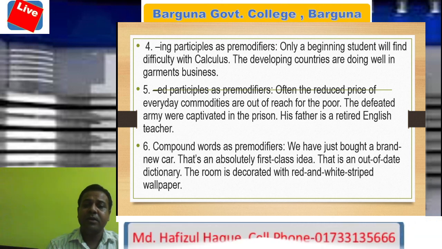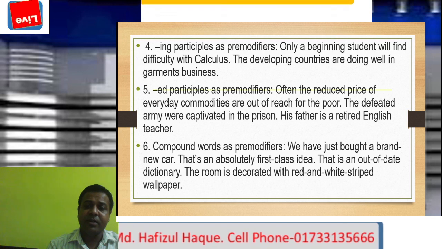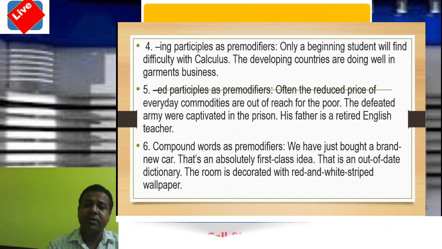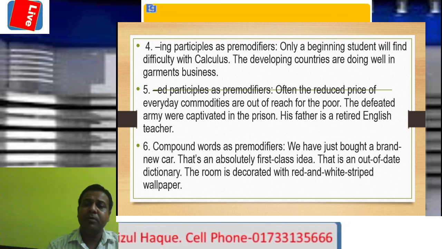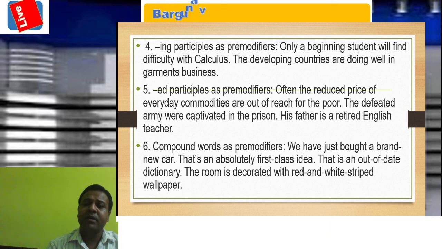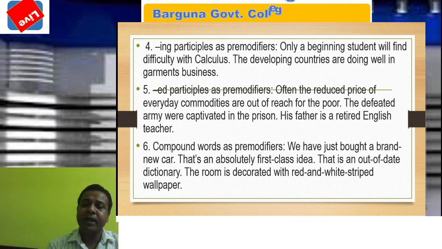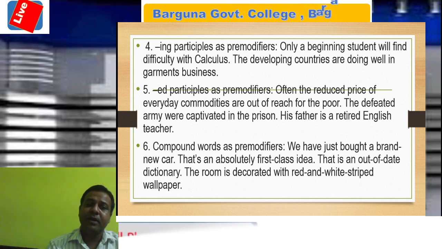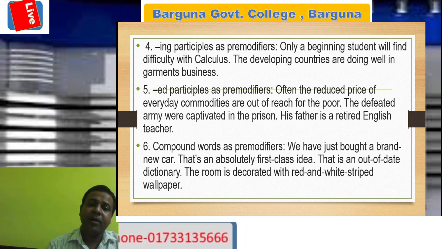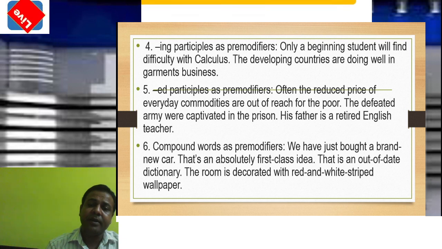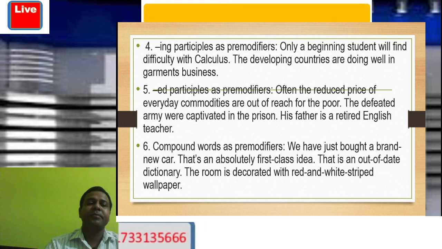His father is a retired English teacher. Retired is the past participle form of retire and it pre-modifies the word English, and that is why it is used here as a pre-modifier.